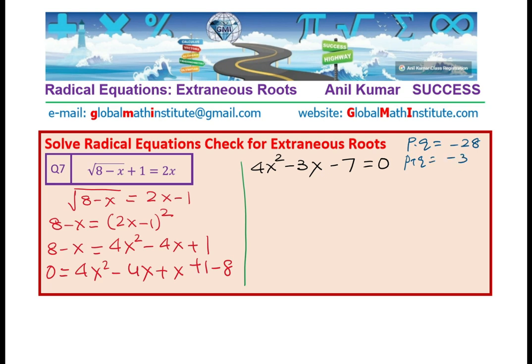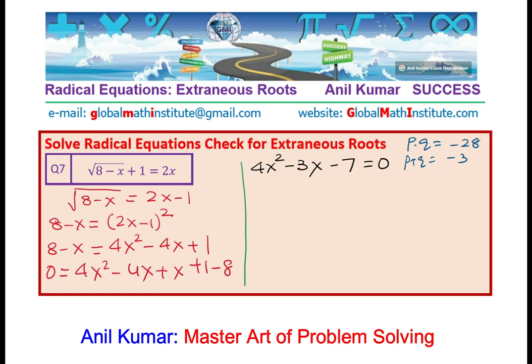So what could be these numbers? 28 we want the product and sum as minus 3. 7 times 4 is 28, 14 times 2.